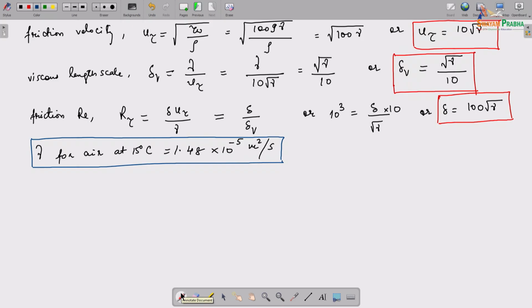Now, the nu for air is given to be this. So, let us write out these values first, and let us see where we get, okay? All right. So, now let us get u tau. Right, is equal to 10, right, under root.